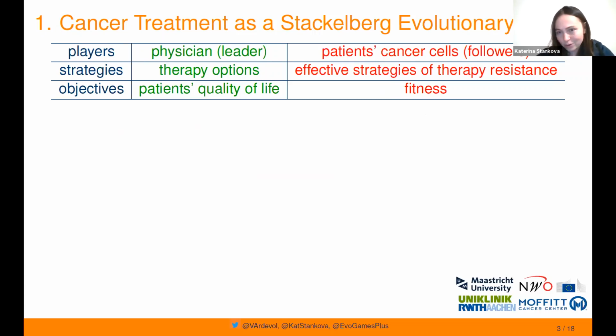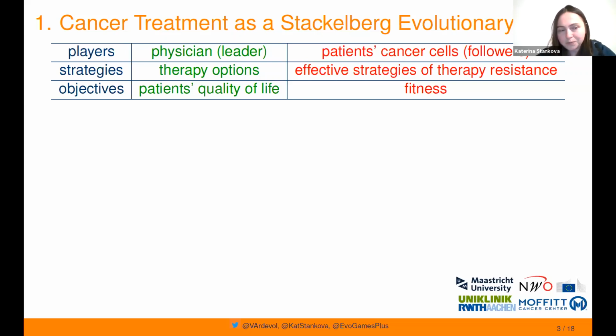And then we are focusing on how this rational player, the physician, can use their rationality and their advantages in treating the cancer, where the strategies of the physician are therapy options, and cancer cells somehow adjust to these choices by effective strategies of therapy resistance.